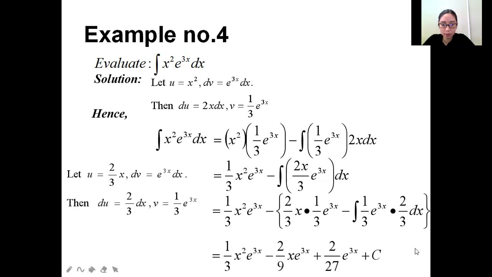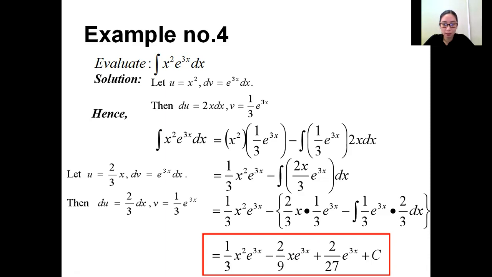So our final answer is now 1/3 x squared times e to the power of 3x minus 2/3 x times 1/3, which is 2 over 9. So 2/9 x e to the power of 3x. Negative times negative is now positive 2/27 e to the power of 3x plus c. Okay?